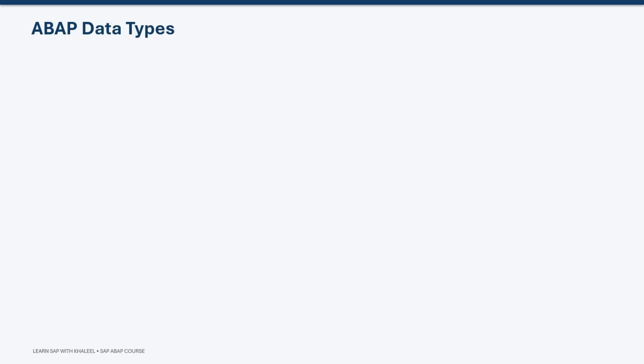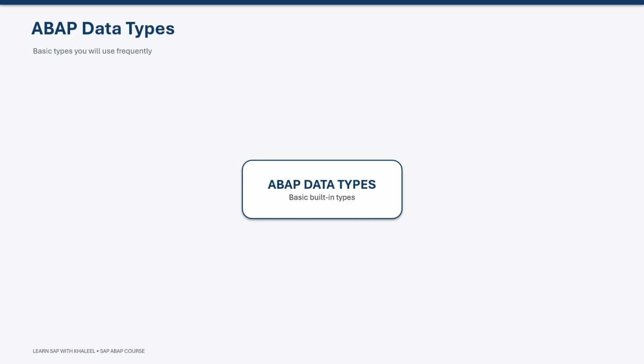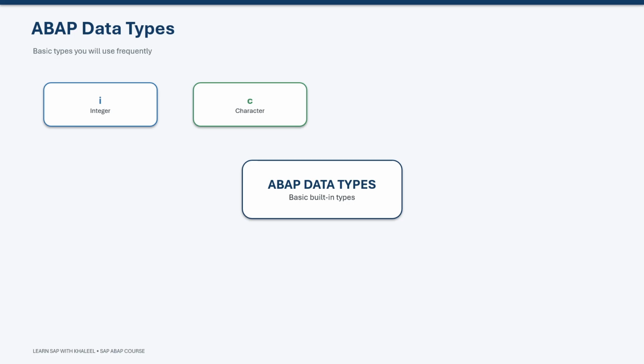So finally, ABAP data types. Now a variable does not just store any random type of value. We usually specify what type of data the variable is expected to contain. That is where data types come in. For example, if we want to store a whole number such as 24, we can use the integer type I. If we want to store text, we use string.